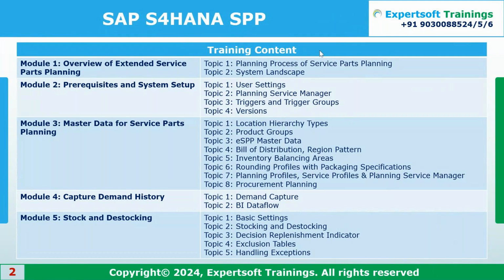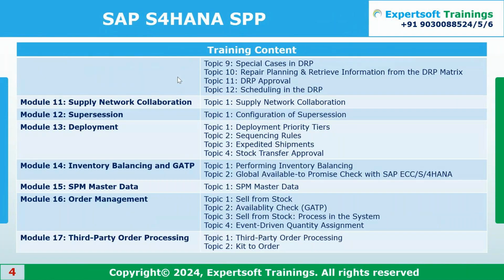And also what is the system landscape, how it was designed on top of the APO. There is also a prerequisite of the system setup, like the user needs to have access in planning service. All those assignments should be there for this system access. So this is the list of the topics. I'm just skipping those now.